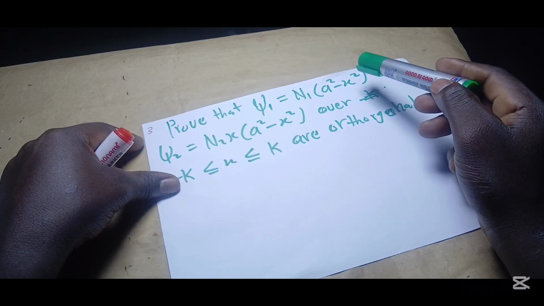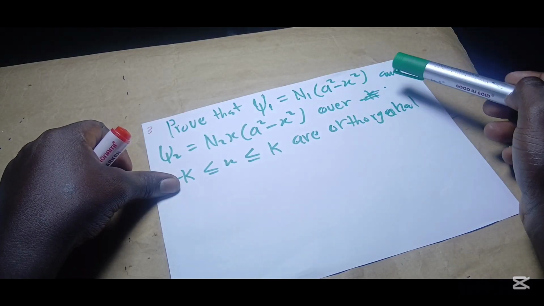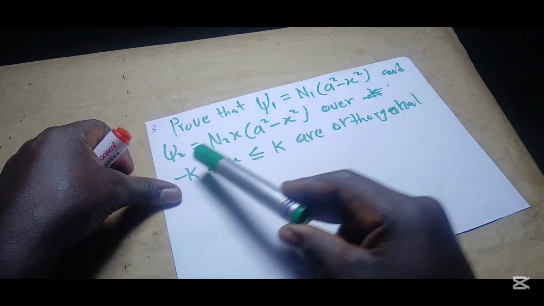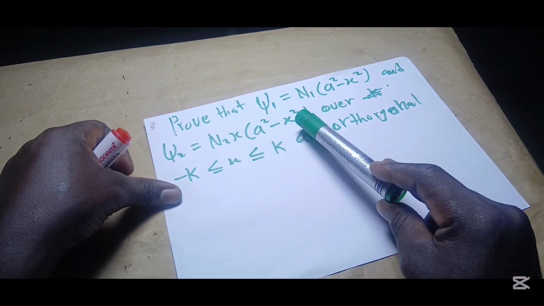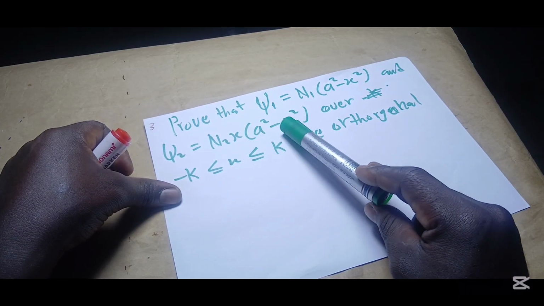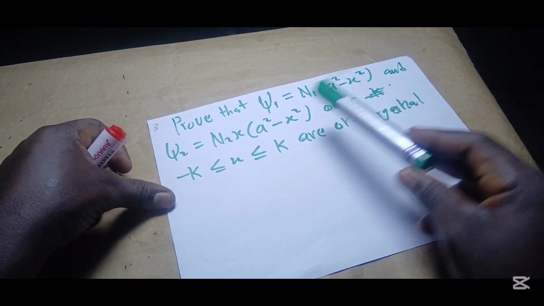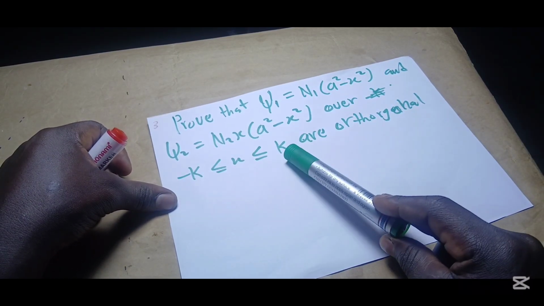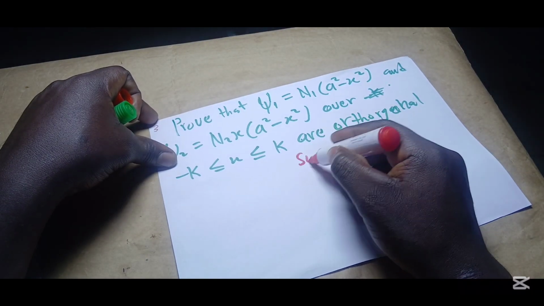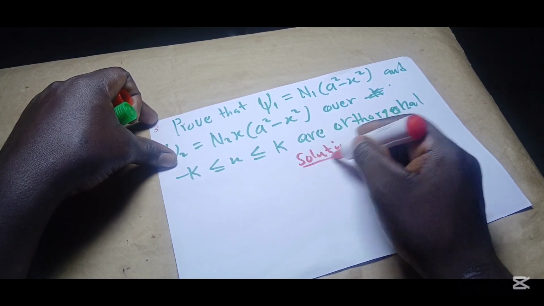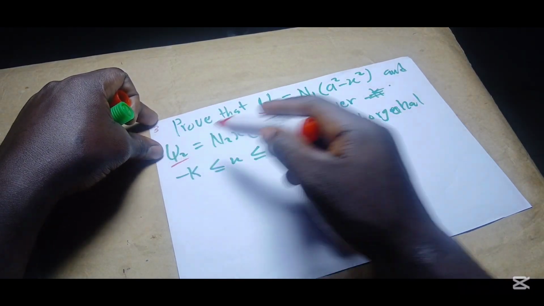Prove that psi 1 equals N1 into bracket a squared minus x squared, and psi 2 equals N2 x into bracket a squared minus x squared, over the interval negative k to k, are orthogonal. Solution: we have to prove that these two wave functions are orthogonal.